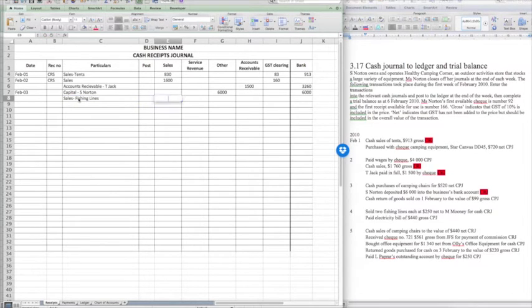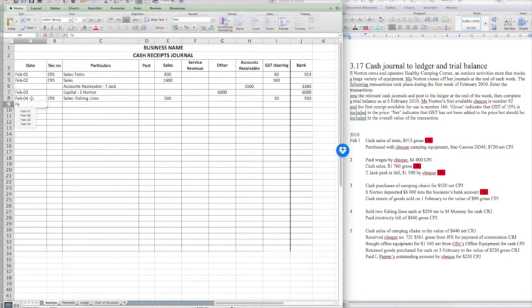Without the GST, the total would be 500. 10% of 500 is 50. And we didn't have any other transactions on February the 4th for the cash receipts journal, so we can pop that straight into our bank column as well. Don't forget the date at the front here.